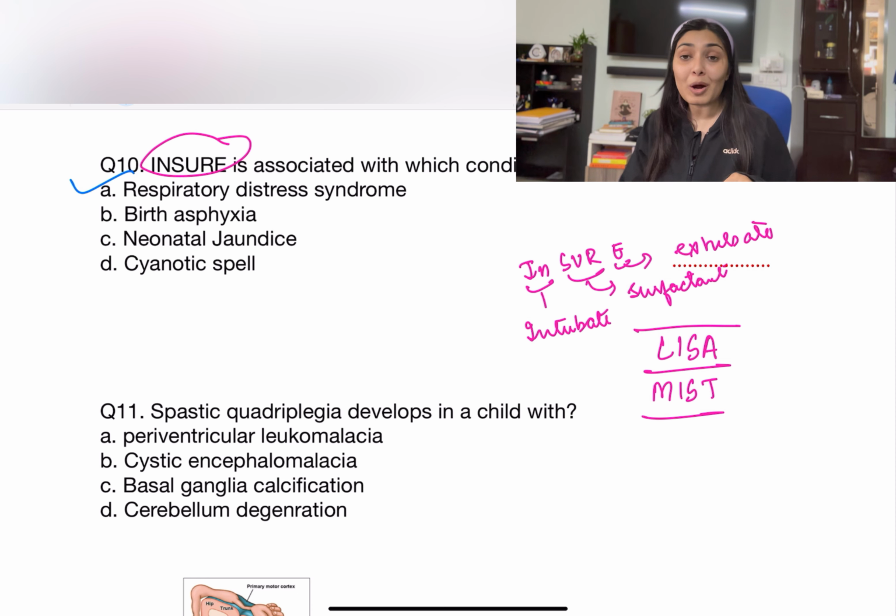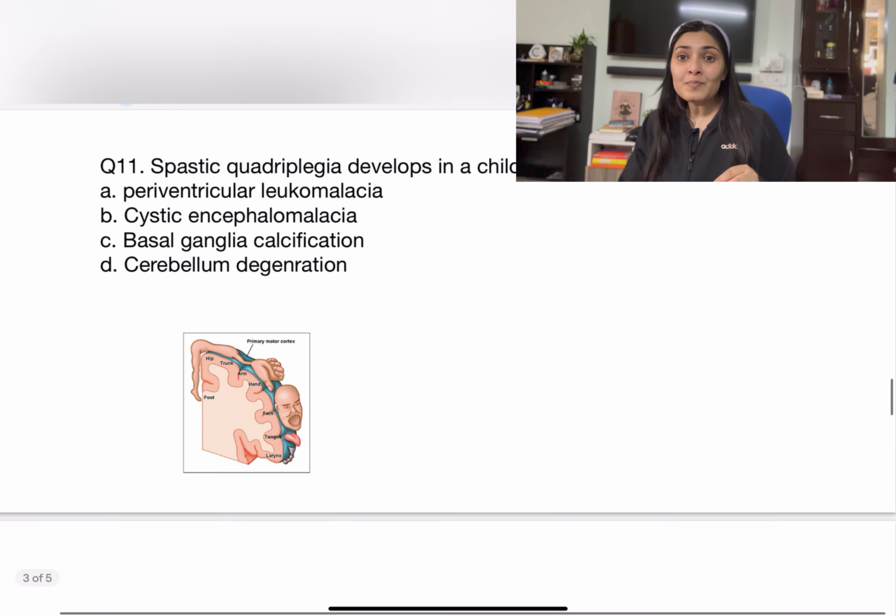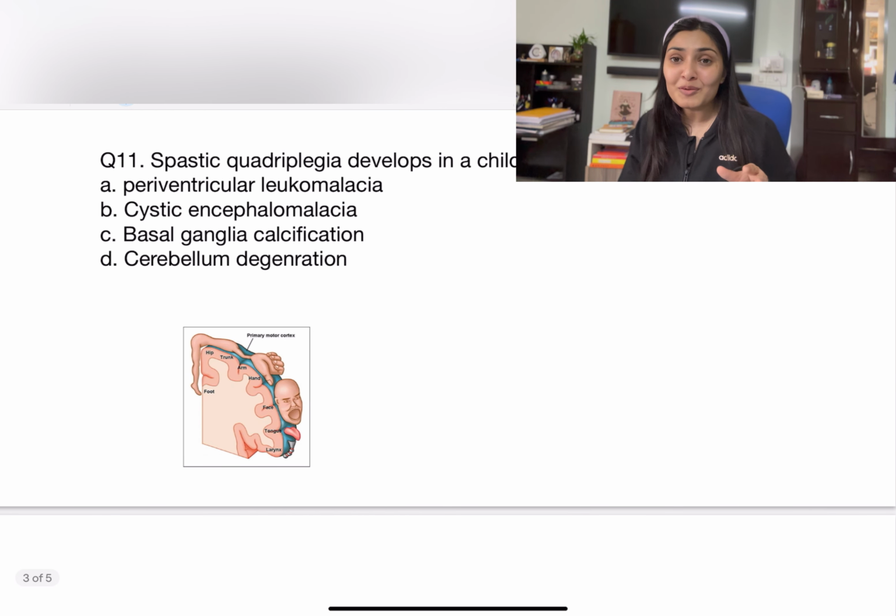The next question was about cerebral palsy, and this is something that I teach in class with eagerness, because I believe in some form or the other they ask questions about CP, especially in the INI exam. So this time they asked that spastic quadriplegia develops in a child with, options are periventricular leukomalacia, cystic encephalomalacia, basal ganglia calcification, or cerebellum degeneration, right?